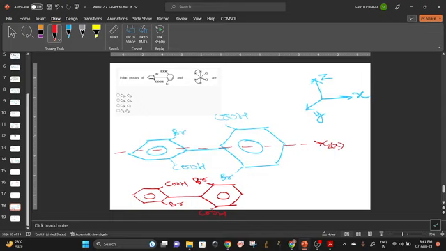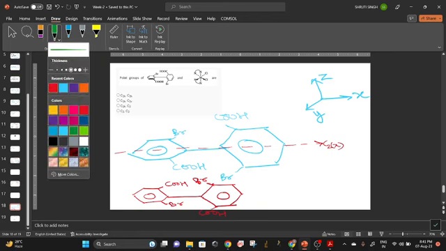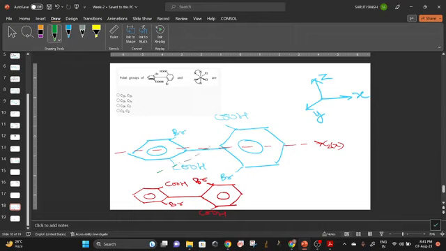Let's see the other direction. If I put it along the Y in this direction, now what will happen?